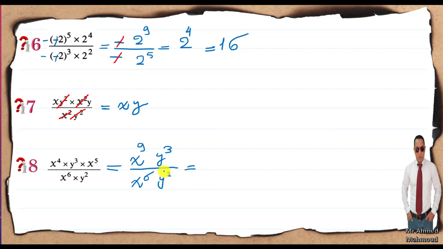There is no need to write the multiplication sign, because x to the power of 9 y to the power of 3 means multiply. Now x to the power of 9 over x to the power of 6 equals x to the power of 3. y to the power of 3 over y to the power of 2 equals y to the power of 1. And I have two different factors, so I can't add their powers.